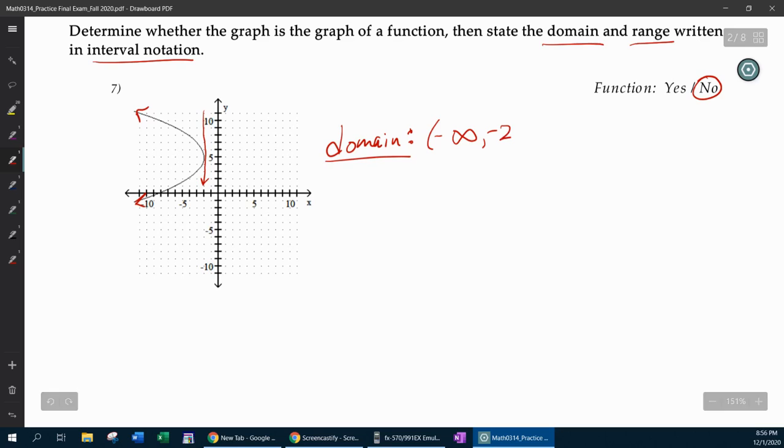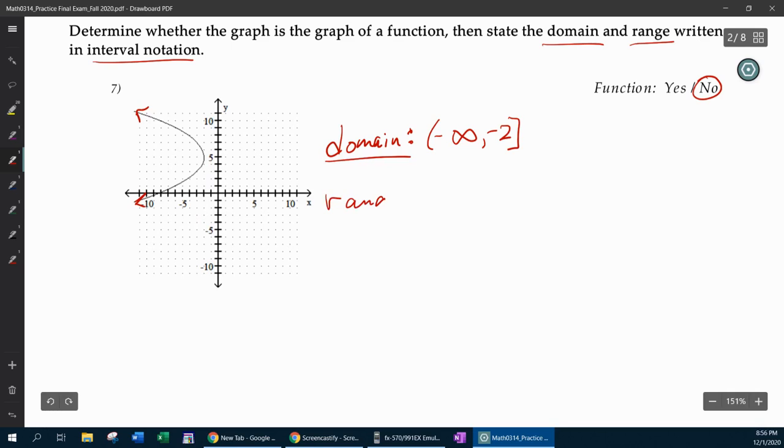And since it's parabolic, it's going to have a vertex, and that probably will include -2. So we're going to use a bracket because it looks like -2 is included. That will be a point on the graph. And do you see that you look at the x-axis when you're getting your domain values? Up to -2. So there's your domain.